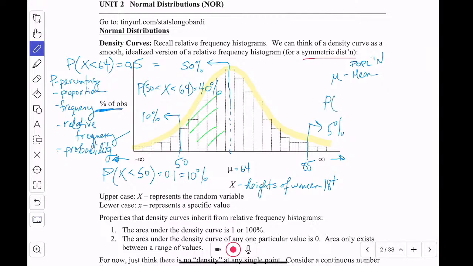So the proportion or percentage or probability that a value of X is greater than 85 is equal to 5%. So I've shown you how to write the symbols to the left, in between, and to the right. And there's one more thing I want to say before I let you go.